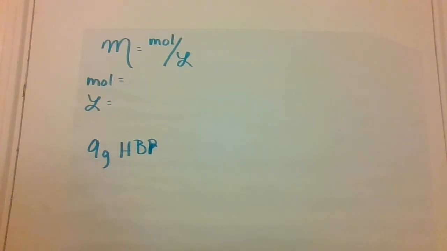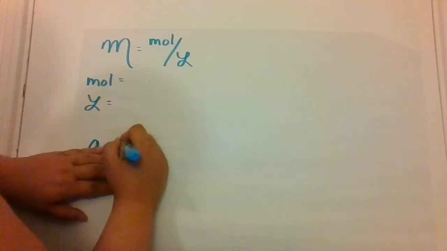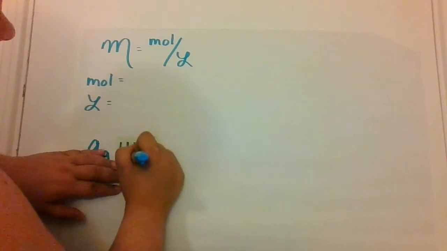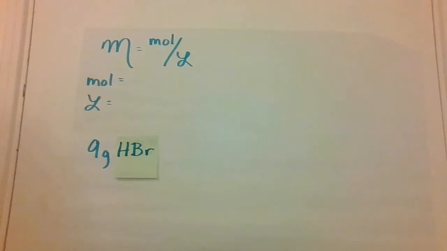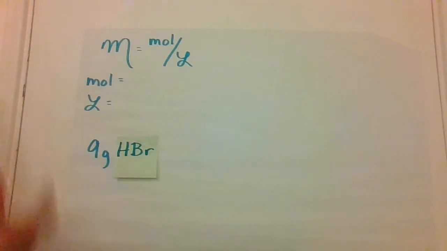So we have hydrogen bromide. Those of you who know me know I'm pretty particular. HBr, 9 grams of HBr. We have to go back and remember our lesson on what we do when we have grams and we need moles.